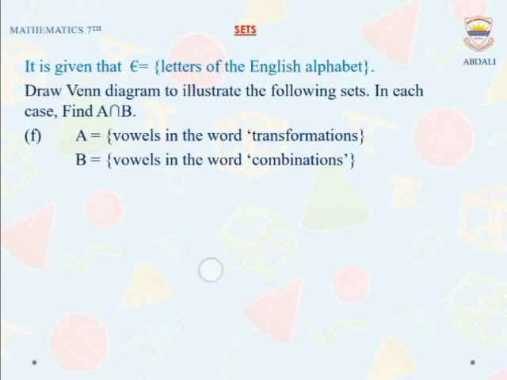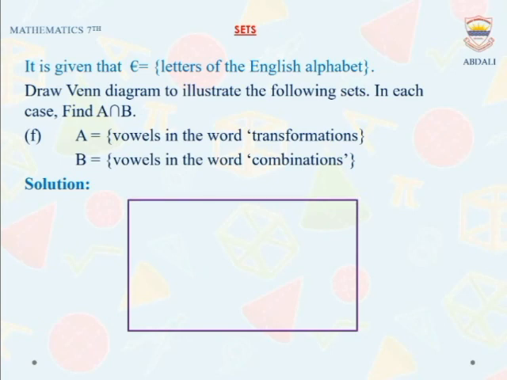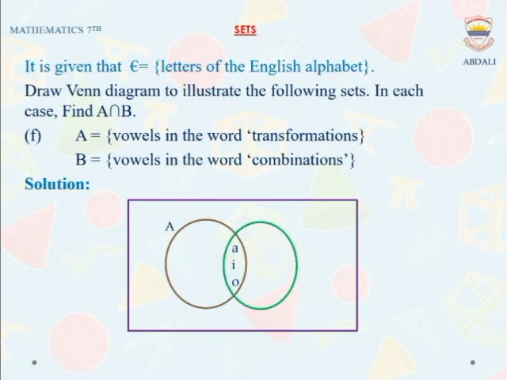Okay, so let's start our solution. Firstly, we will draw our universal set, and after that we will draw our set A and write its elements, which are A, I, O, and after that we will name it set A, and then we will start drawing our set B, which will contain its elements.